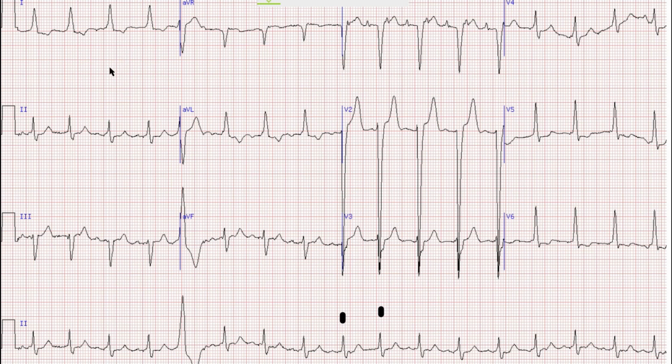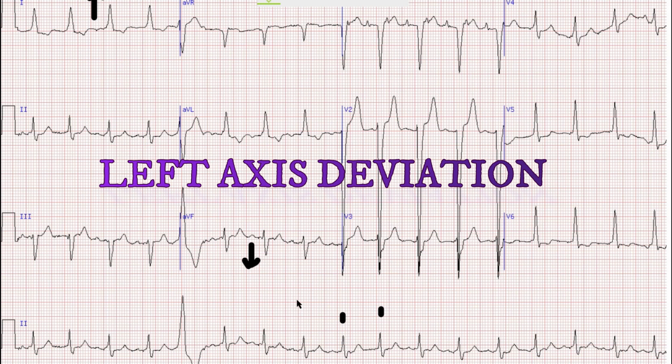Next is the axis. As we can see that the direction of QRS complex is positive in lead 1 and it is negative in lead AVF. So by the rule of thumb, a positive QRS complex in lead 1 and negative QRS complex in lead AVF means that this is a left axis deviation.